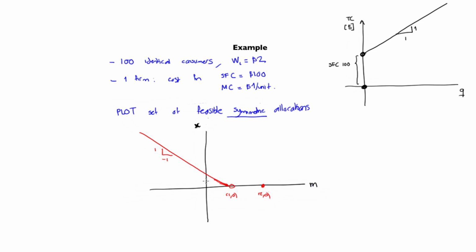So to see that, consider the following example. This point, which is (0, 1), that level of symmetric consumption is in the set of feasible symmetric allocations. But in order to do that, I have to use the production technology at a level which allows me to produce 100 units of the good. And the question is, how much M does that take?